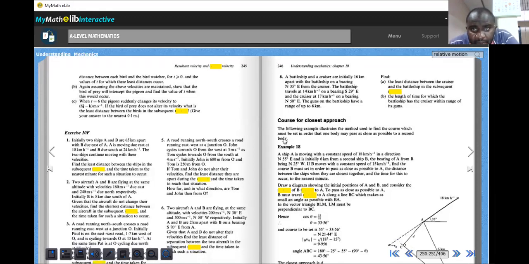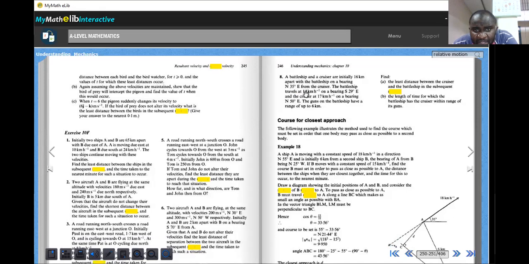So do you all have the question with us now? I trust those who are on the group can access your WhatsApp. I've sent the question right there. So it reads: a battleship and a cruiser are initially 16 kilometers apart, with the battleship on a bearing of north 35 degrees east from the cruiser.